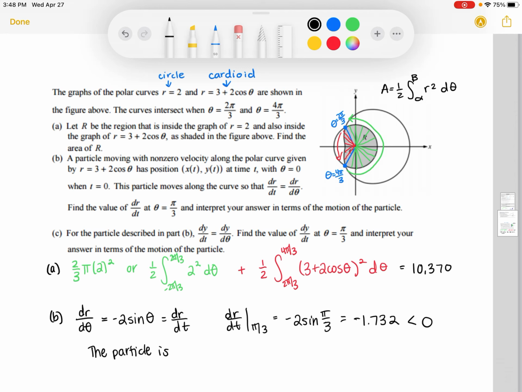so the particle is moving closer to the origin since dr dt is less than 0.